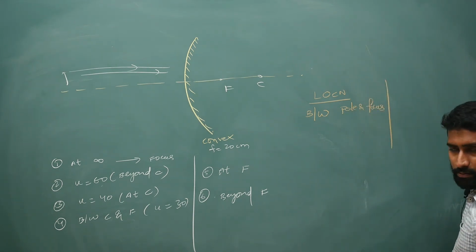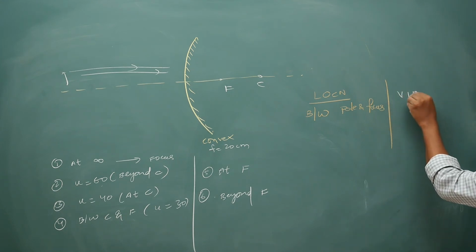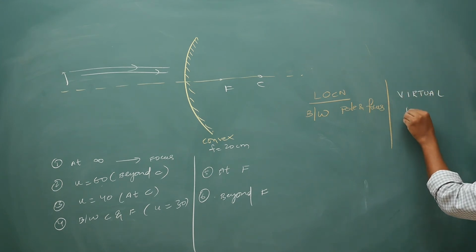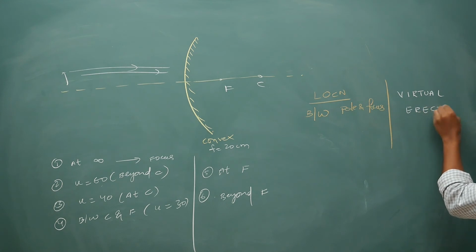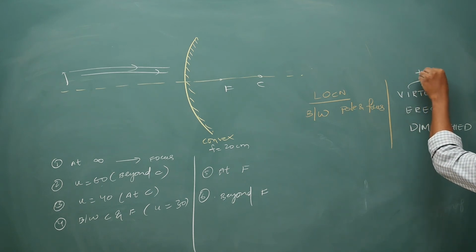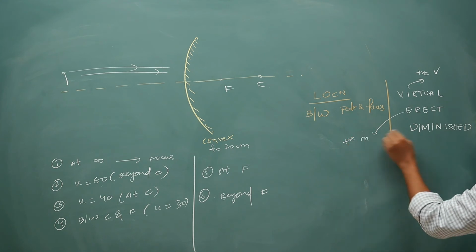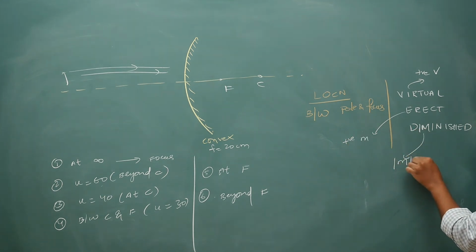I mean position will be different but it will be between pole and focus. And nature of image is virtual, erect, diminished. Virtual means positive V, erect means positive M, diminished means mod M less than 1.